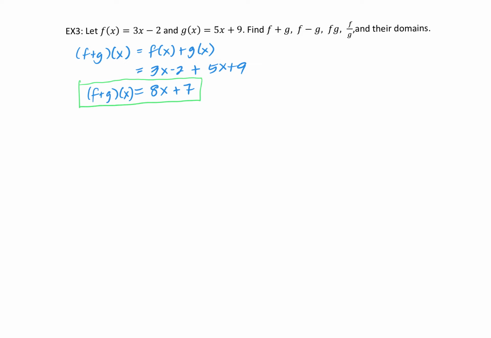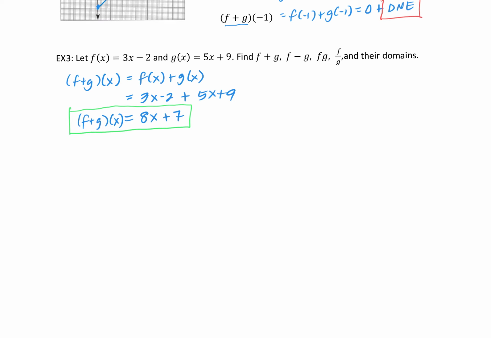The domain is the intersection of the domain of f with the domain of g. So what is the domain of f? If you look at f of x equal to 3x minus 2, if you replace the f of x with a y value, you could see that y equal to 3x minus 2 is simply a line. It's a line in slope-intercept form. If you were to graph it, you would see that the domain goes from negative to positive infinity.